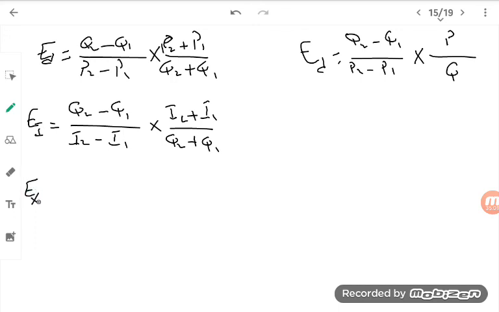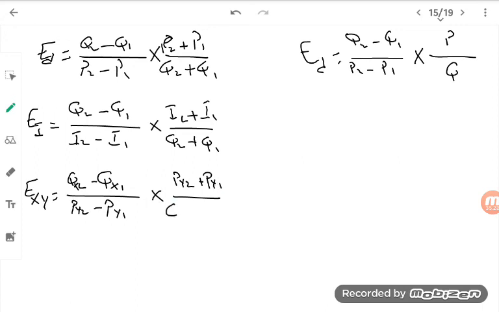Cross: (Qx2 - Qx1) divided by (Py2 - Py1) multiplied by (Py2 + Py1) divided by (Qx2 + Qx1).